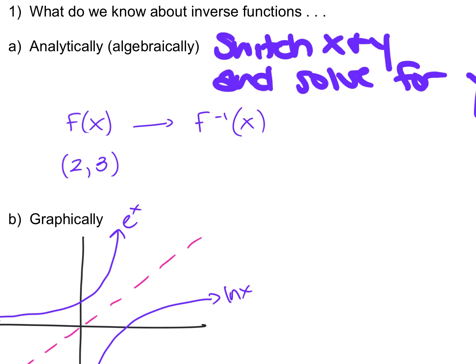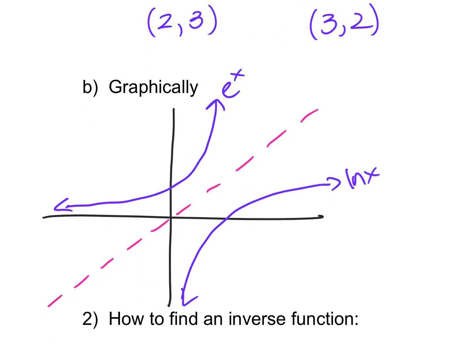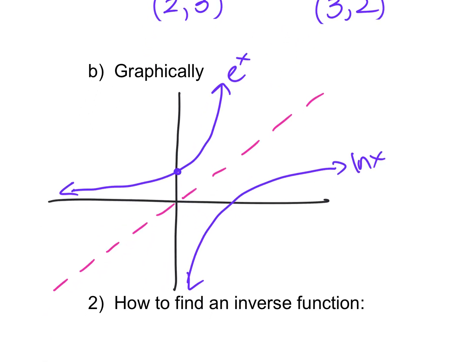If your x's and y's flip, they have the exact opposite points on them. If they're symmetric across the line y equals x, their x's and y's switch on all the points. That's why the e to the x graph goes through the point (0, 1), and the ln function goes through the point (1, 0). It's because everything about the x's and y's flip-flops.